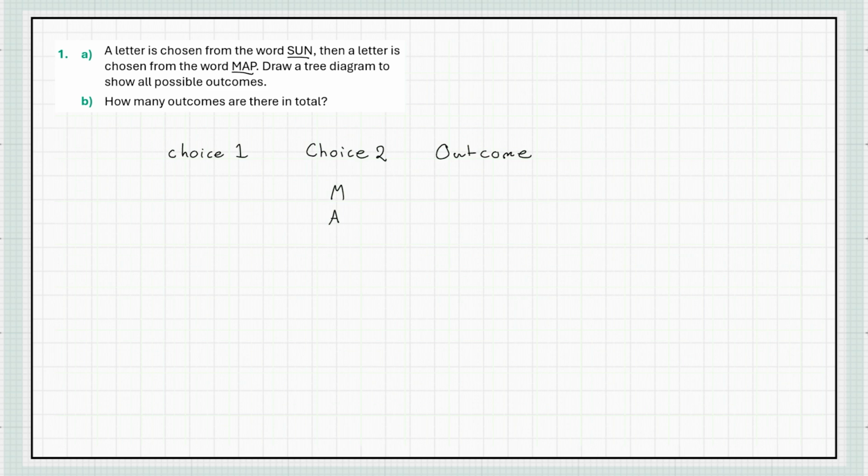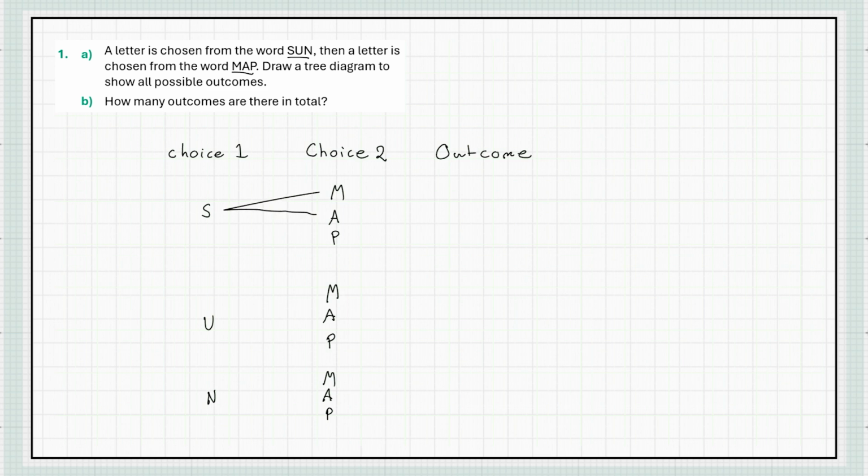And in this case, we have M-A-P, M-A-P, and M-A-P. And the reason why we have this 3 times is because our first option is going to correspond with drawing one of the letters from sun, and then our second option could be any one of the letters of map.